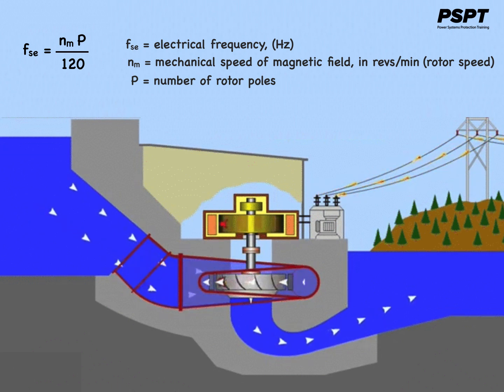Since the rotor turns at the same speed as the magnetic field, this equation relates the speed of the rotor rotation to the resulting electrical frequency.